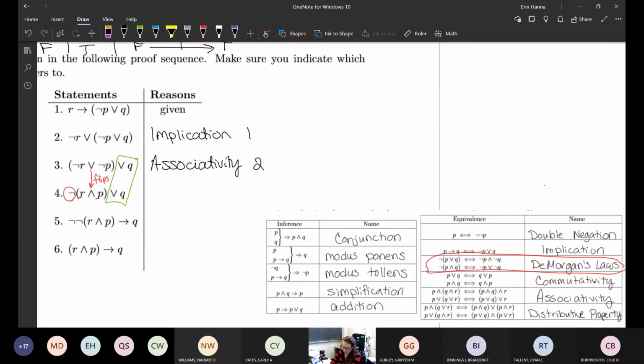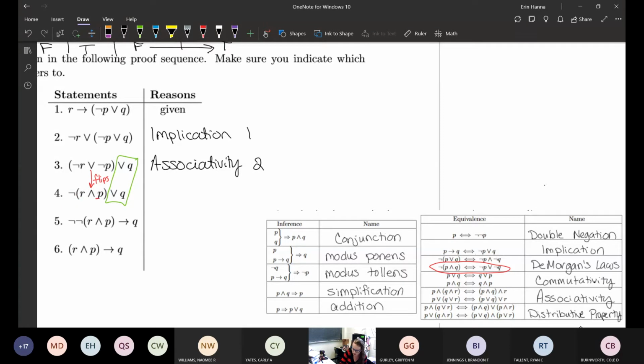And if you think about this, we're doing De Morgan's backwards, if you will, where we're going from the right side to the left. Let me circle it. So we're dealing with the second version of De Morgan's, where we have not R or not P, and then we pulled the negation out to have the not in the front, and then just regular R and P. So remember, it doesn't have to match up perfectly.